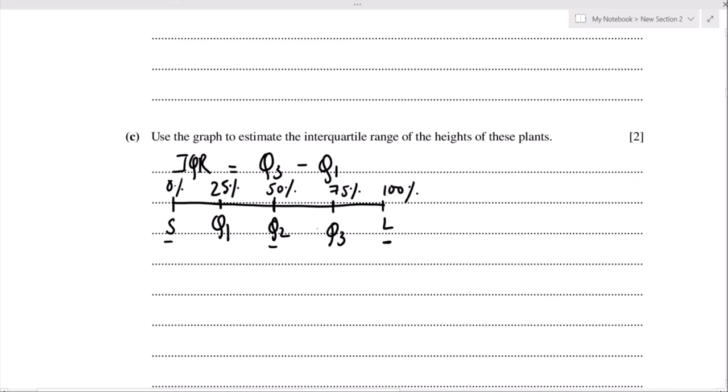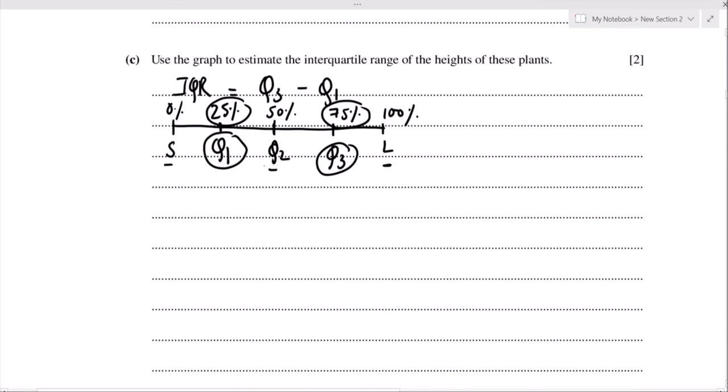So we need to figure out Q3 and Q1. In order to figure out these values, we need to figure out the 75th percentile and the 25th percentile. We're just going to repeat the same process that we did for the second part of this question. For 75%, that's just going to be 75% of 160, which is 75 by 100 into 160, equal to 120.